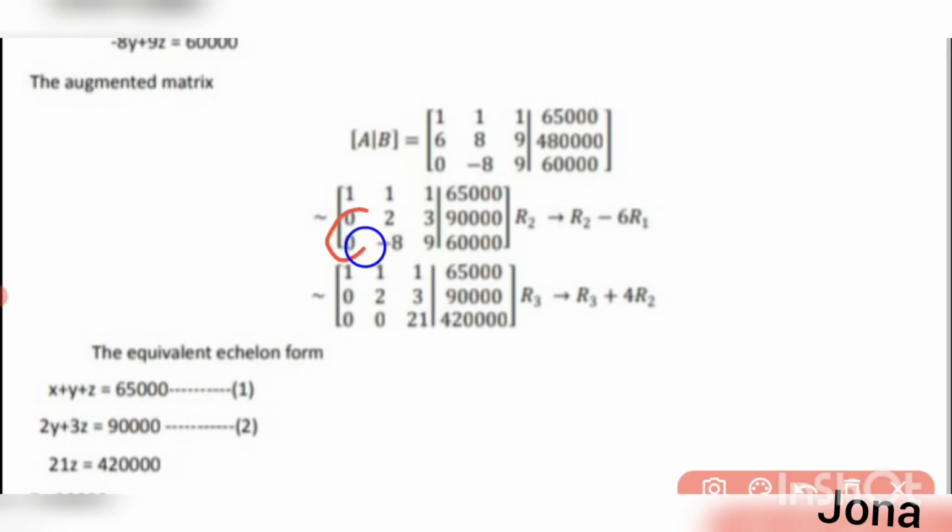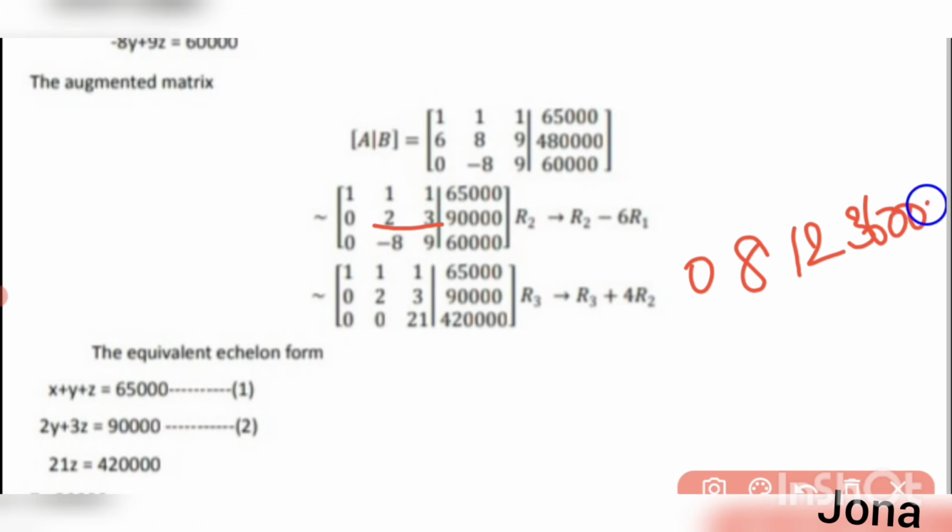Now I got these two elements as 0 already here. So now our aim is to make this element as 0 here. For this what I can do is multiply the second row by 4 and then add. If you add both the equations you will get 0 here, isn't it? So multiply this by 4 here, so that it will become 0, 8, 12. If you multiply this one, 90,000 by 4, that is 36, along with the 4 zeros.